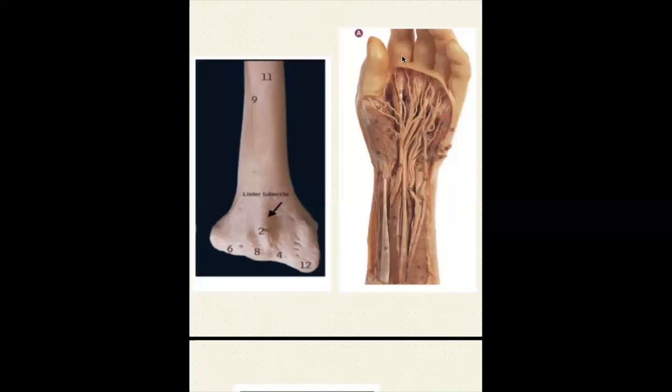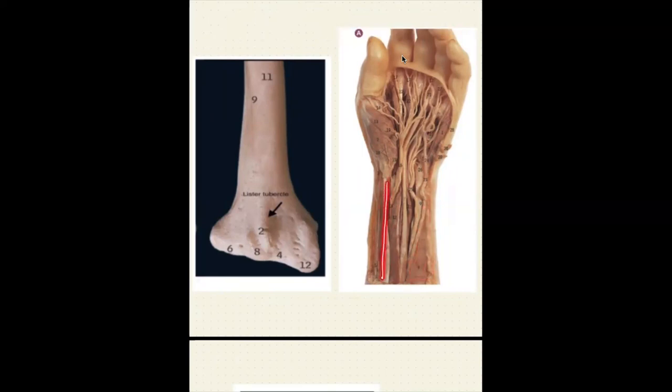So could you tell me what is number 8? Number 8, this one, is flexor carpi radialis. And what is number 9? Longus. No, radialis.